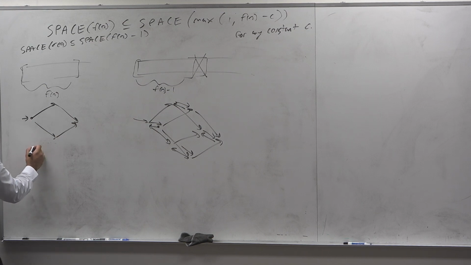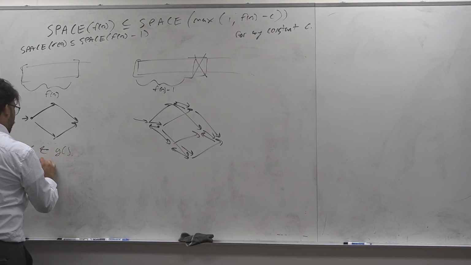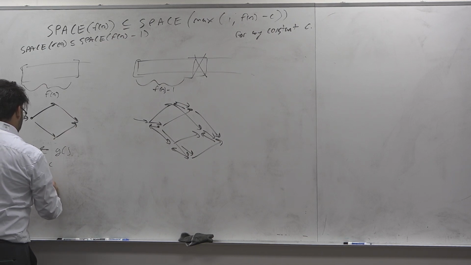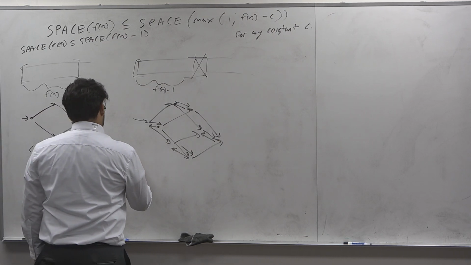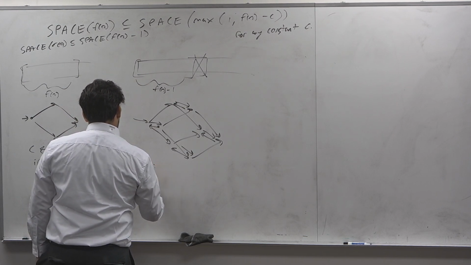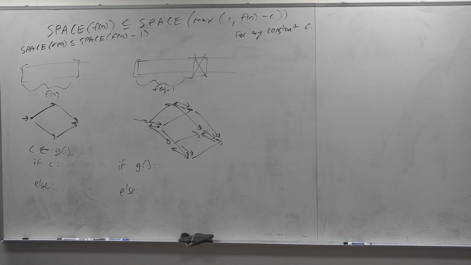It's as if you had something like C takes on G, and then you say if C, else, something like this, when instead you could just say if G, else. You technically don't need to write down the code of C if you implicitly keep that memory in the control flow, right? You can iterate this a constant number of times, but it won't ever get rid of the big O, right?